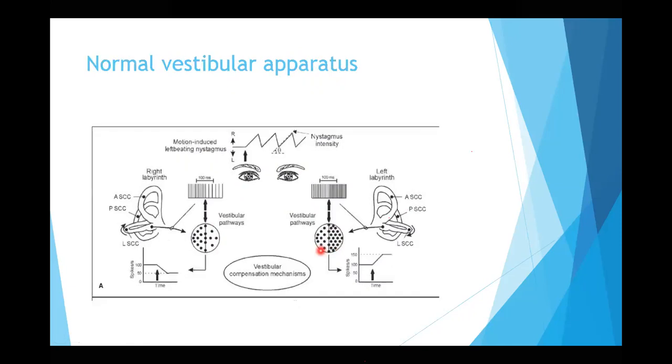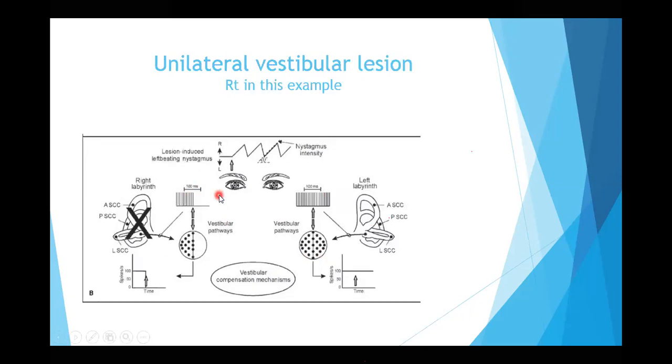How? In the previous example we saw, when the person is moving towards the left side, the person will have more firing on the left side compared to the right ones, right? Likewise, compared to no response, the spontaneous rate is considered as a response. So the vestibular nuclei think that the person is turning towards the left side.